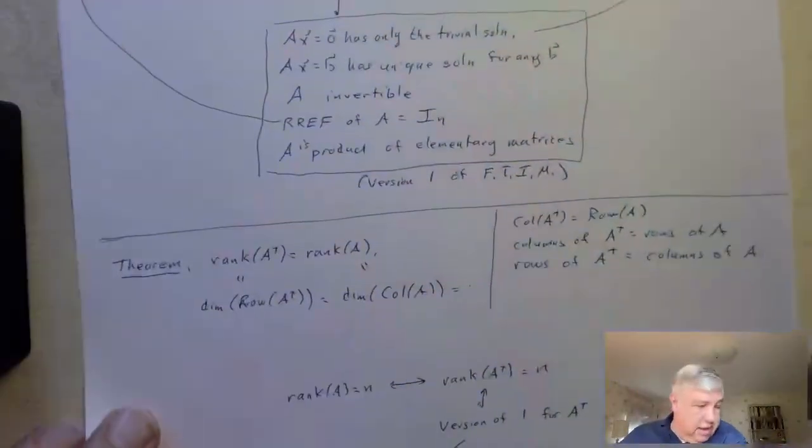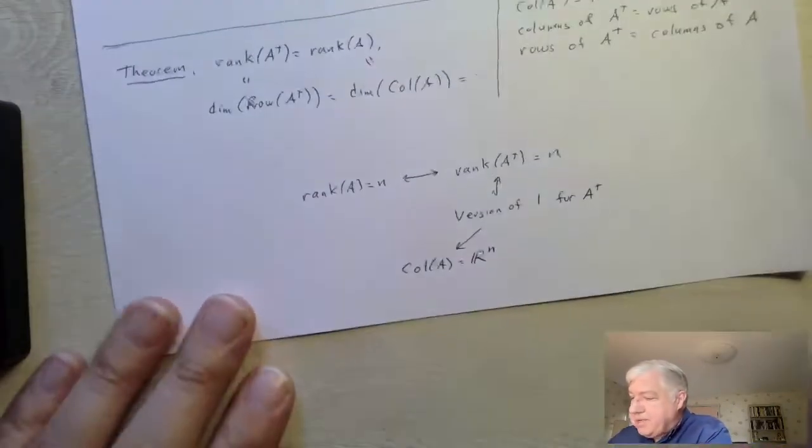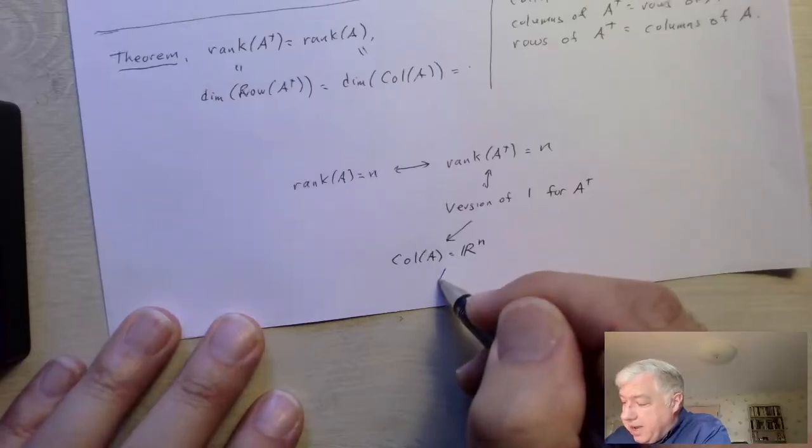Okay. And then this will imply that the dimension of the column space of A is going to be n.